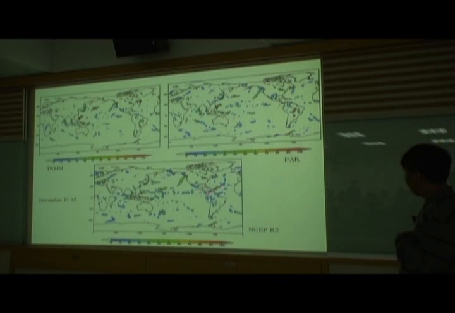For example, this core is never shown in the TRMM. Here. So okay, there are large differences, but in the extratropics, NCEP R2 corresponds to TRMM well. So the problem is the tropics.